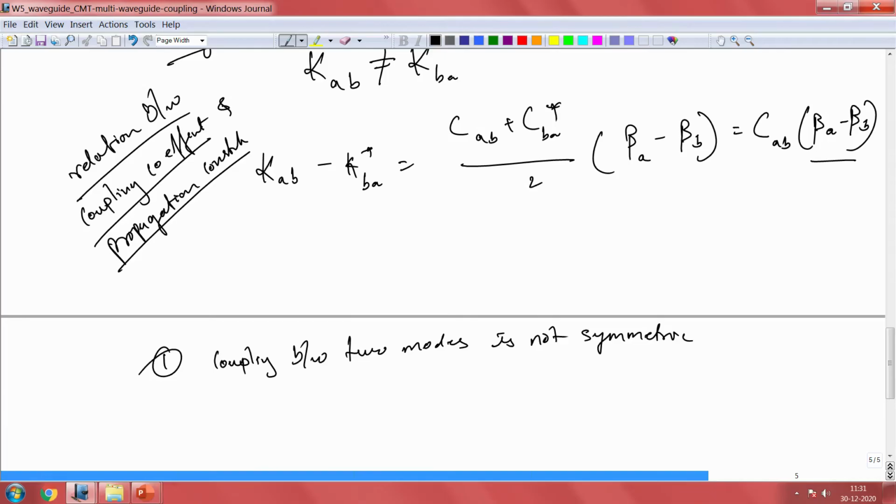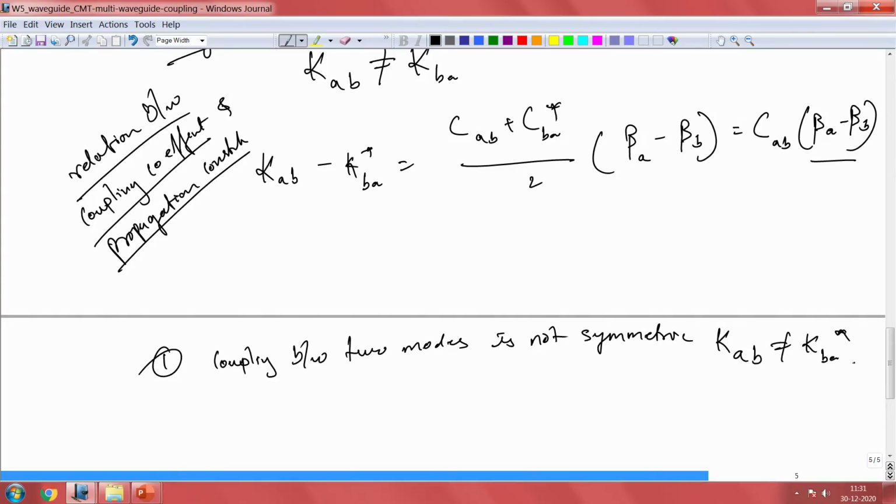You can also say that the coupling between two modes can be symmetric provided the two waveguides are identical. Okay. So, that is not a general case, that is a special case. So, let us leave off the special case and look at the general case. The general case here is you have two modes from two different systems. So, they will not have symmetric coupling, that means kappa AB will not be equal to kappa BA star. All right. So, this is very important, right.